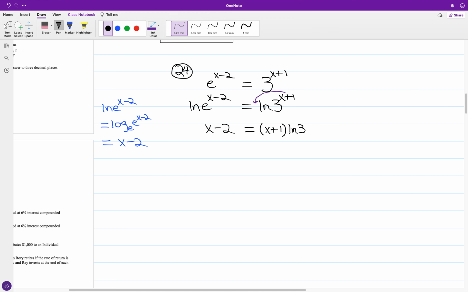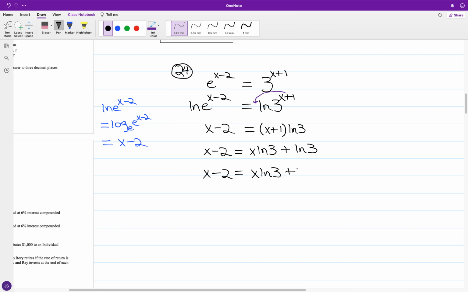times the natural logarithm of 3. Distributing, we're going to have x times the natural logarithm of 3, plus the natural logarithm of 3. So we have a couple of x terms, one in the form of x itself and the other where we have x times the natural logarithm of 3.